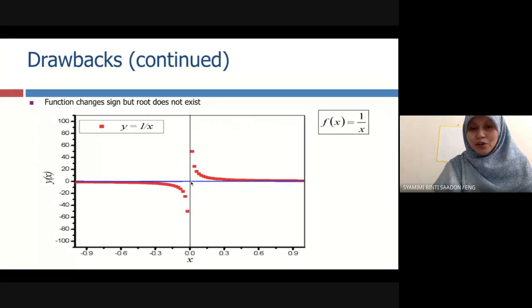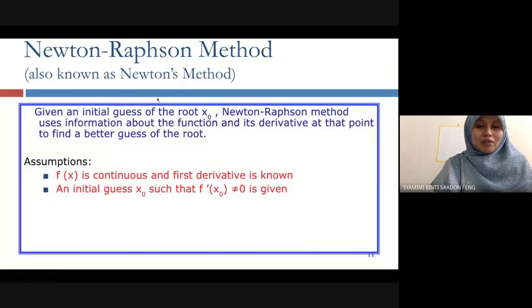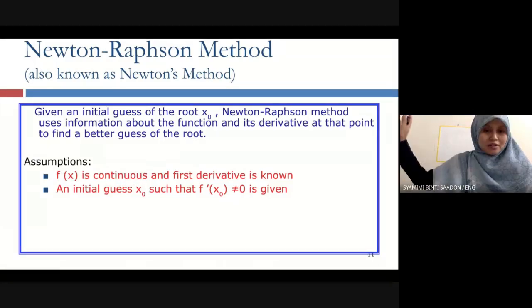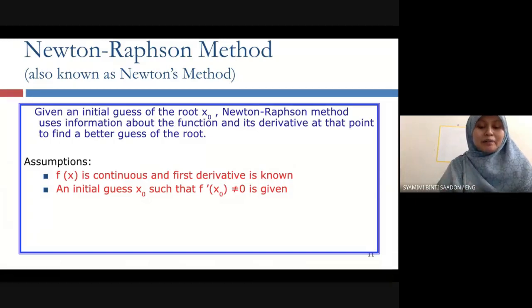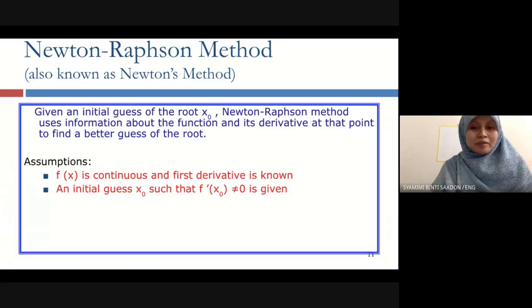To apply the Newton-Raphson method, we have to assume f(x) is continuous, or continuous within a certain interval we define. And the first derivative is known, meaning we can calculate the derivative.